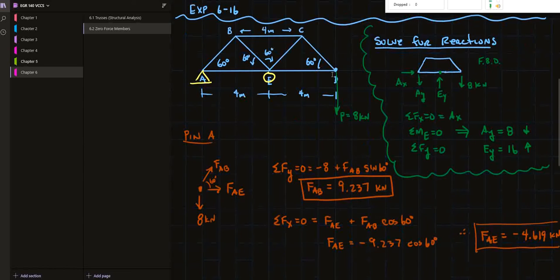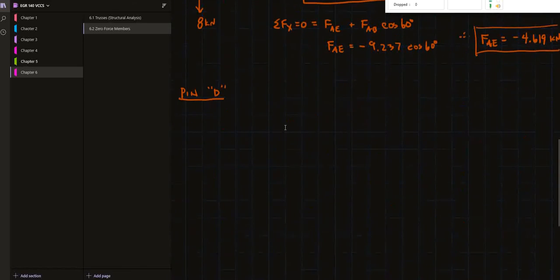Let's move on to pin D over at the other side of the structure. For pin D, we have a free body diagram like this. Notice I drew the reaction in the correct direction, but I drew the forces on the pin always assuming tension, and we'll find out what they turn out to be.